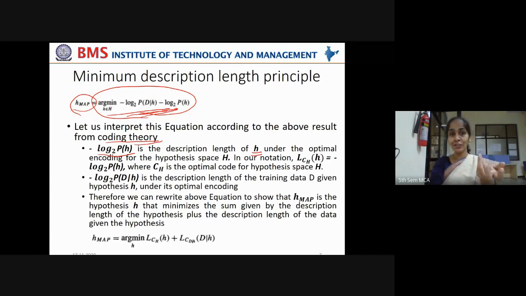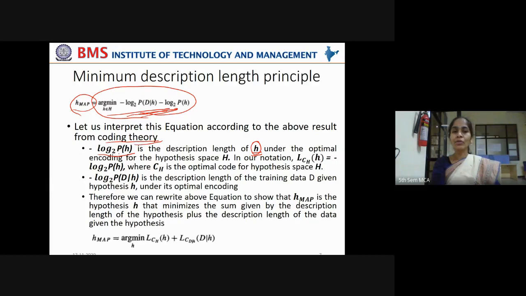What is our intention? To reduce the length of the hypothesis, to make the description of the hypothesis as simple as possible. That is why instead of message i, we now transformed it to H.